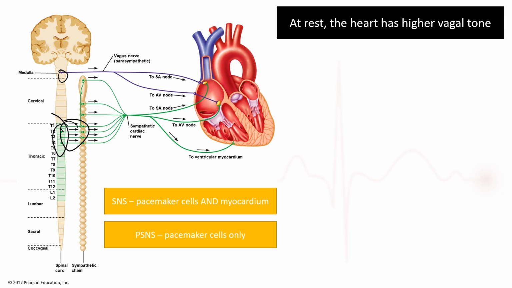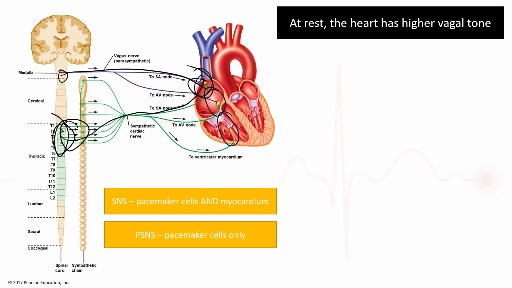Both sympathetic autonomic motor neurons travel out to the heart through thoracic nerves, and parasympathetic autonomic motor neurons travel out to the heart through a cranial nerve. So basically the point is that the heart can be influenced by both the sympathetic nervous system, the fight or flight system, and the parasympathetic nervous system, the rest and digest system. So the heart is influenced by both of them.